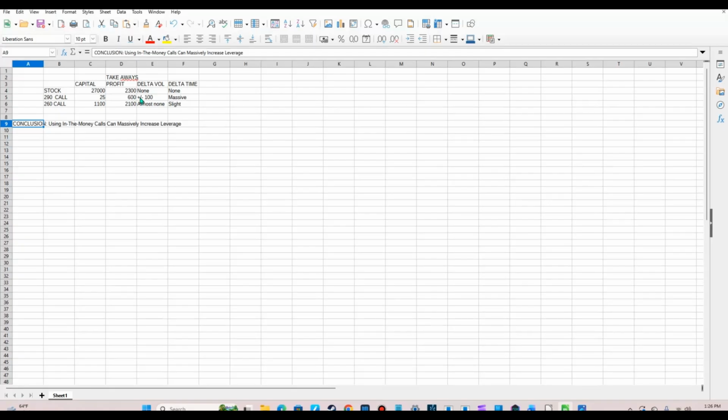Volatility could change it plus or minus $100. So it could make it better or it could make it worse. But time was massive. We found that even with the same $292 price of the underlying, the amount of loss per day could be massive.